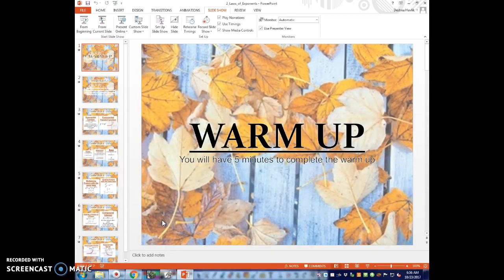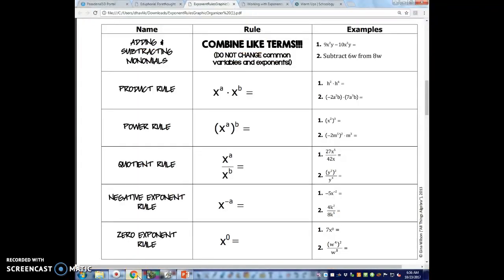All right, so let's look at the notes for today. Adding and subtracting monomials. A monomial is just one. Mono means one. Okay, so combining like terms. Do not change common variables and exponents.